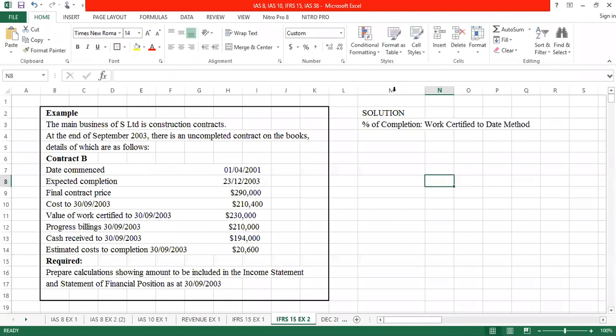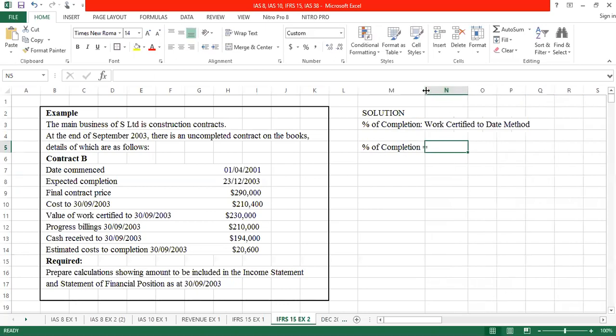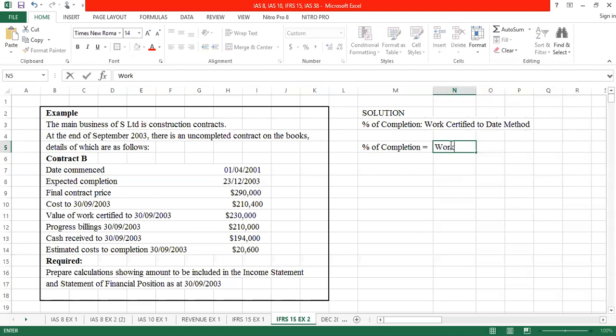However, if the examiner has not specified and you also used the other method, there is no problem. So here, percentage of completion is equal to work certified to date.